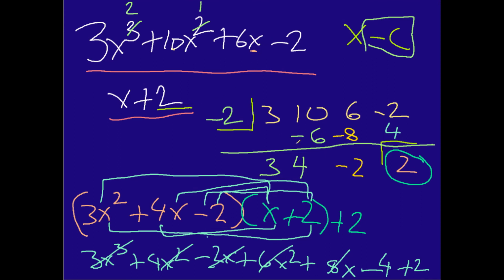And so when you go through the actual division part, you bring down the first term, then multiply this guy right here, which you can call, again, the divisor, if you will, by the term you brought down to get this term. Okay, and then you add these together, and then you multiply this to get that term, add them together, multiply this guy to get this term. And so you get your answer, 3x squared plus 4x minus 2.